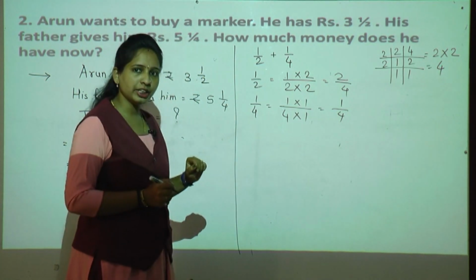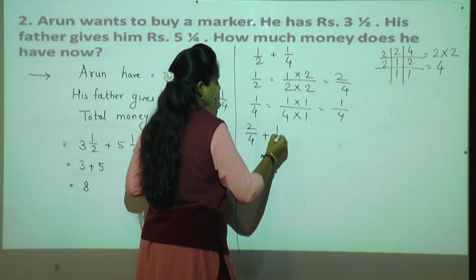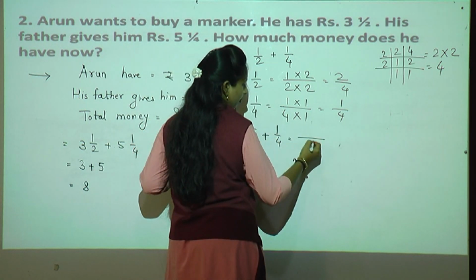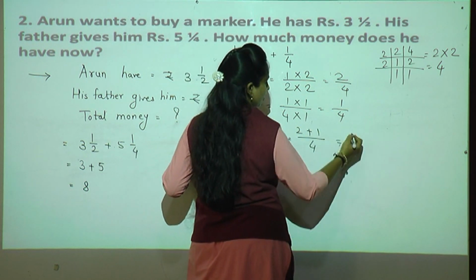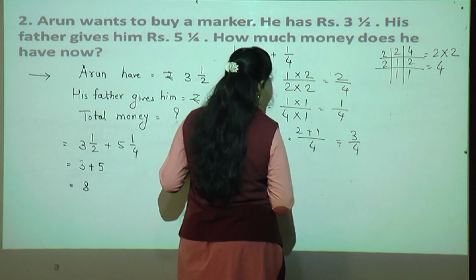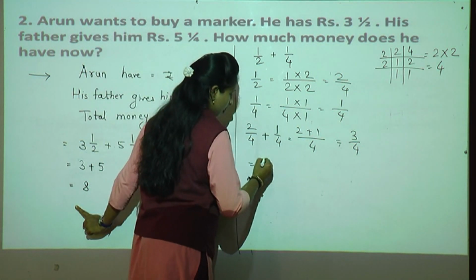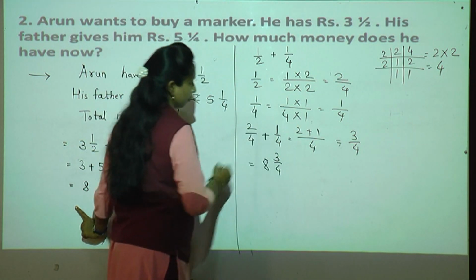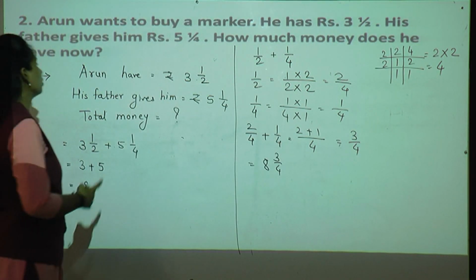Now we got both the denominators are same. So now we can add both the numbers. Denominators are same, write once. Numerators add together. 2 plus 1 is 3/4. So here what is the whole number? 8 and 3/4. So what you will write, how much money does he have now?